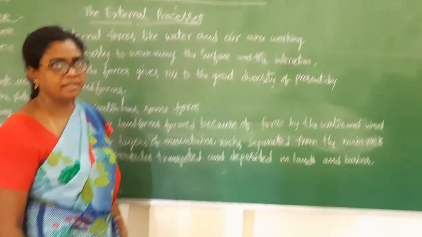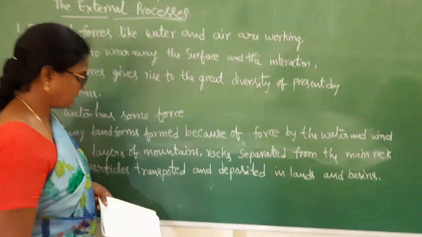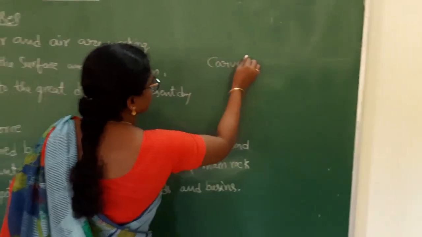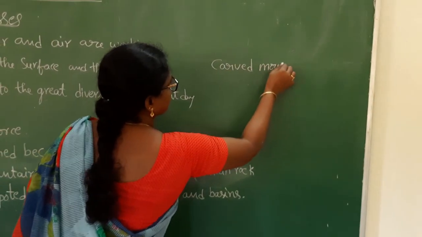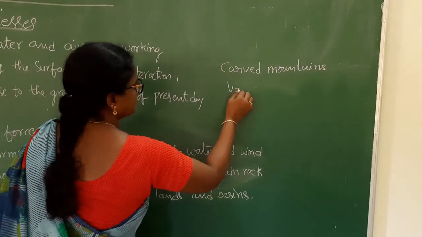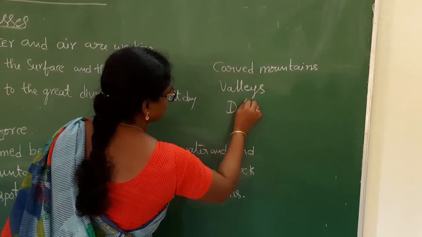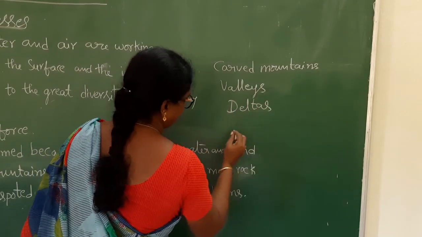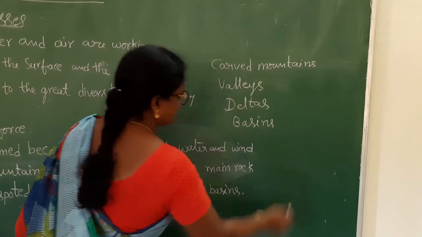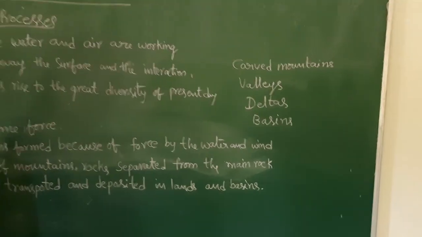These third order landforms are carved mountains, valleys, deltas and also basins. These are called third order landforms.